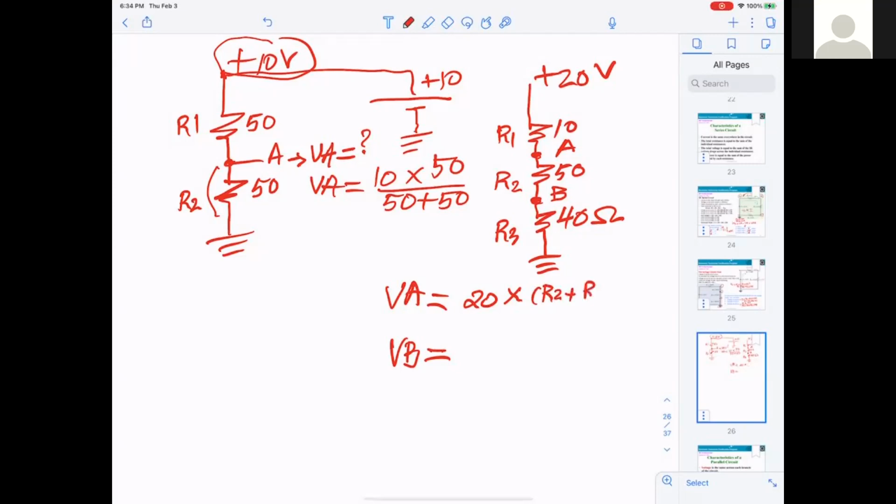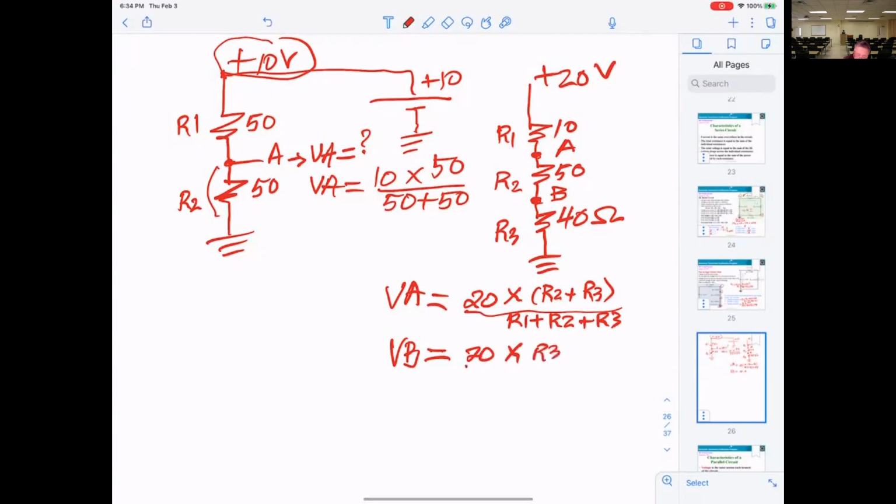Okay, VA means times R2 plus R3, divided by R1, R2, R3. Okay, if they want VB, 20 times R3, divided by R1, R2.